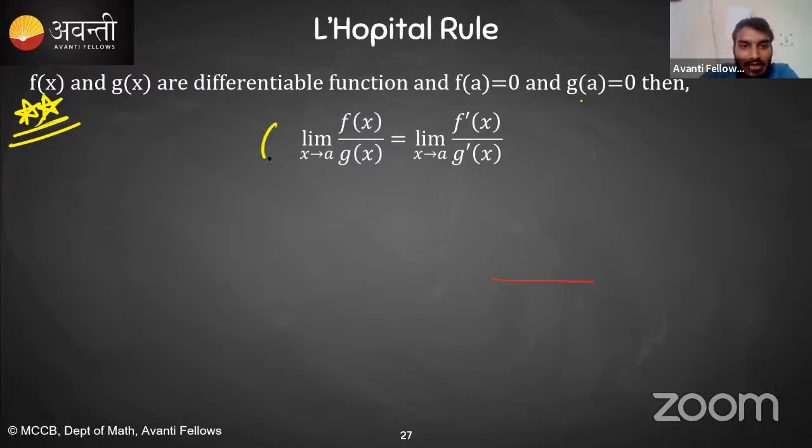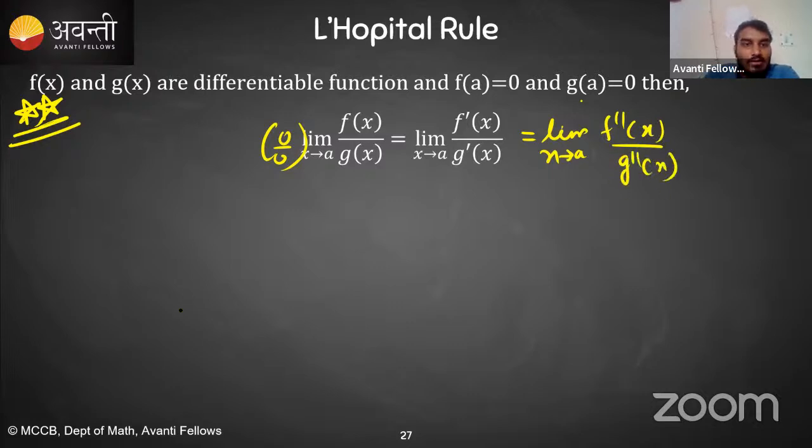As you can see, this is 0 by 0 form, right? So differentiate the numerator and denominator as long as you don't get rid of the indeterminate form. Is this clear? What I mean to say is this can also be further written as limit x tends to a, f double dash x divided by g double dash x.